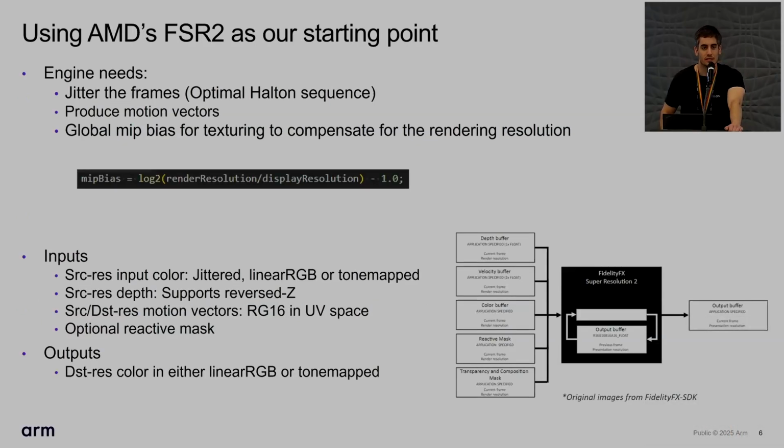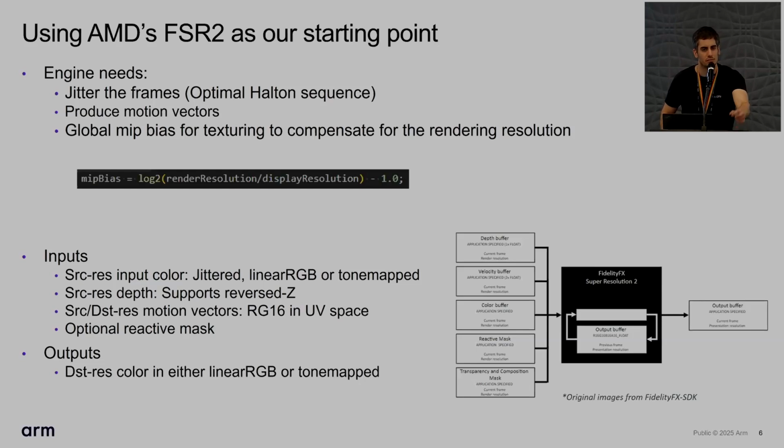So I decided to follow the lead of AMD and what they've done with FSR2. If you haven't tried FSR2, it gives really good image quality. It's used everywhere worldwide, it's super popular in the console environment, and it's a temporal upscaler.